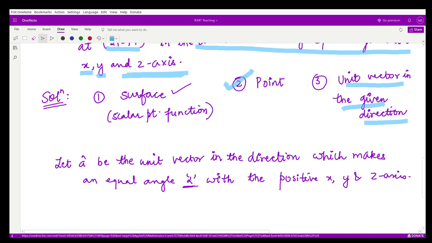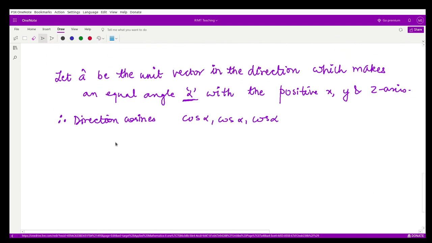in that case our direction cosines would be what? They would be cos alpha with x-axis, cos alpha with y-axis and cos alpha with z-axis, because they are making equal angle. Therefore, the direction cosines would be cos alpha and cos alpha. So if the direction cosines are these, and you know the sum of squares of all the direction cosines is equal to 1.